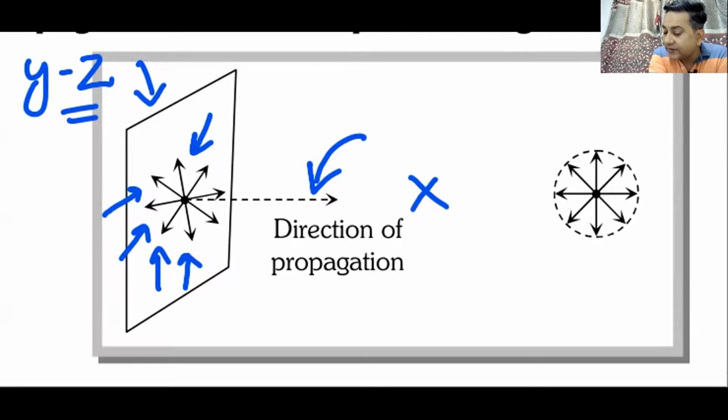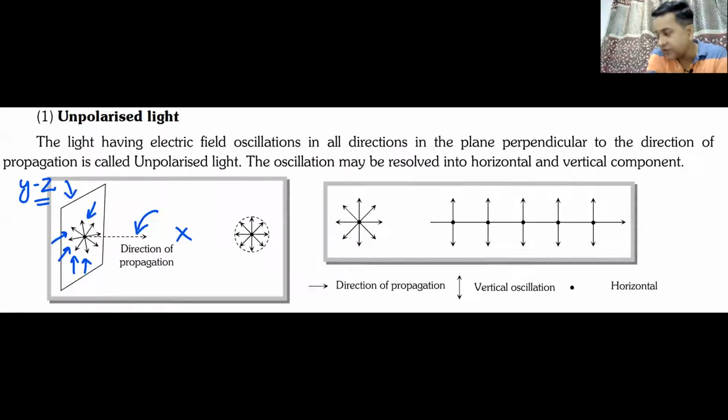We will discuss that, but this definition is more precise, and therefore I would ask you to write this definition apart from the definition given in your sheet. Unpolarized light: the light having electric field oscillation in all directions in the plane perpendicular to the direction of propagation of light is known as unpolarized light.